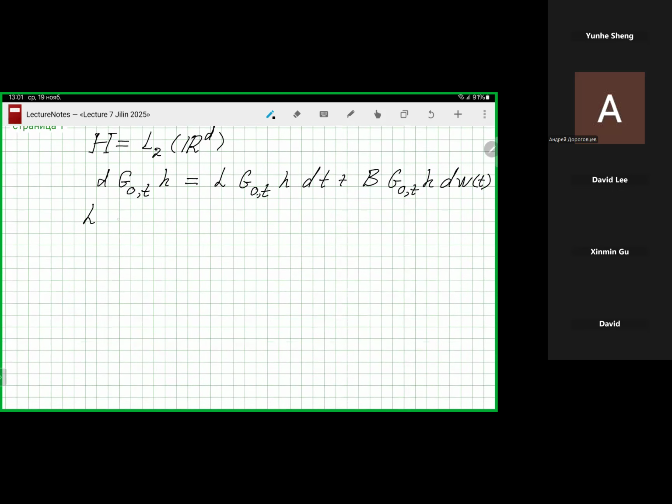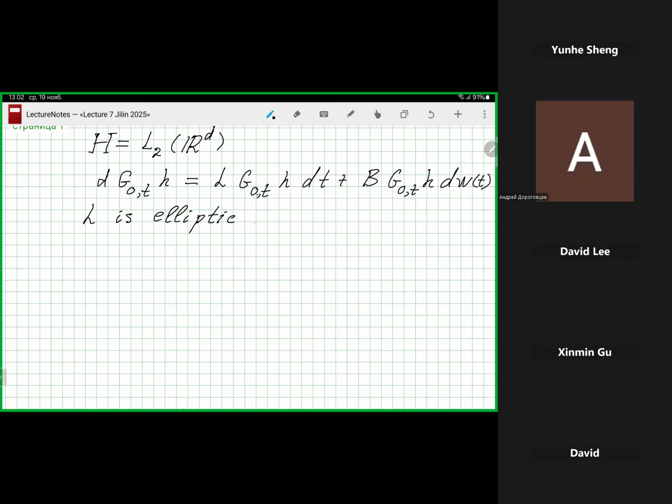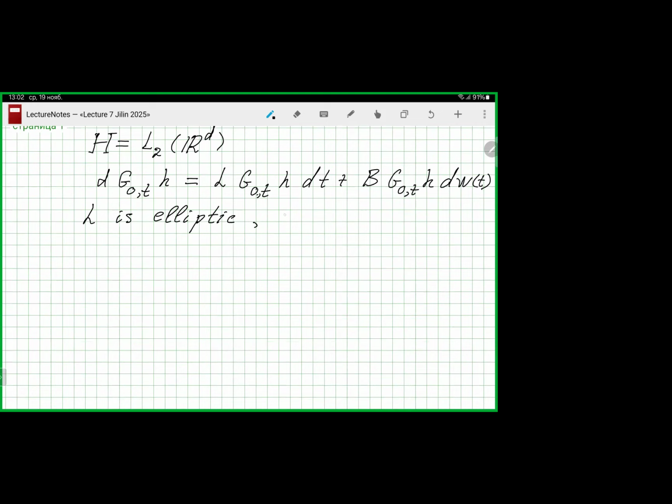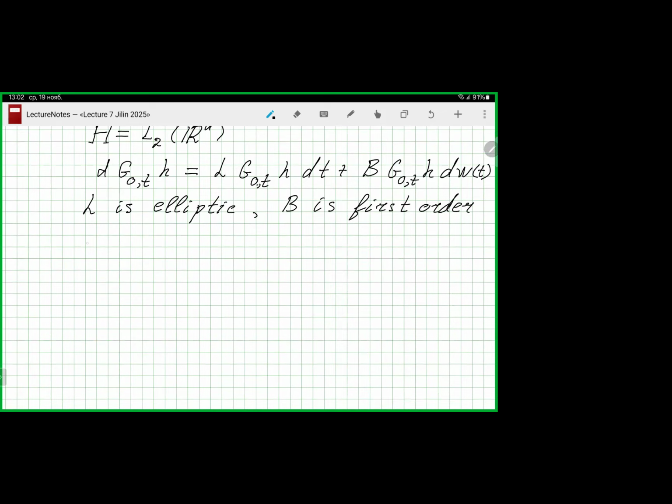A is an elliptic operator. B is a first order linear differential operator.